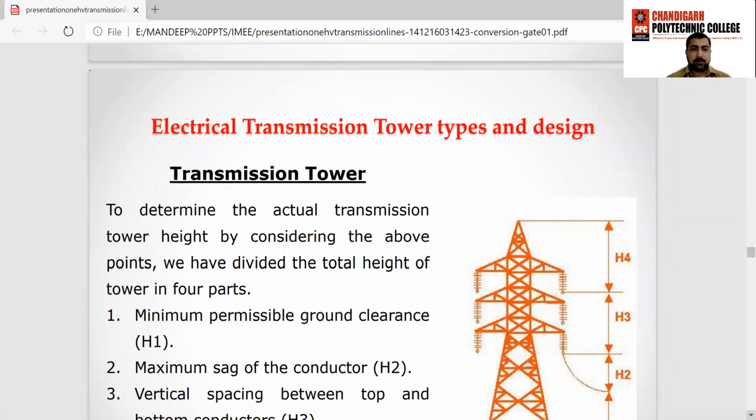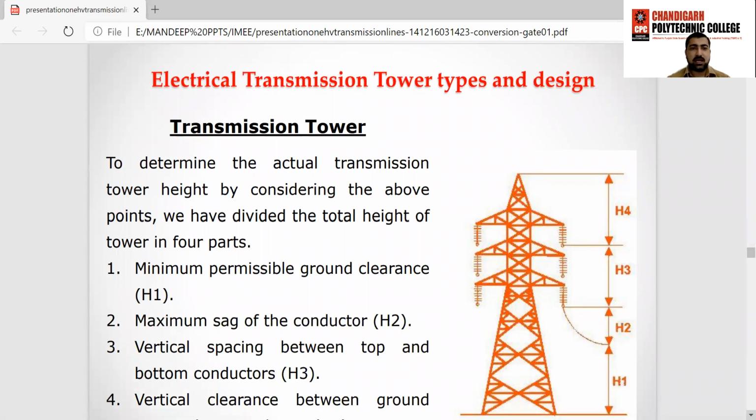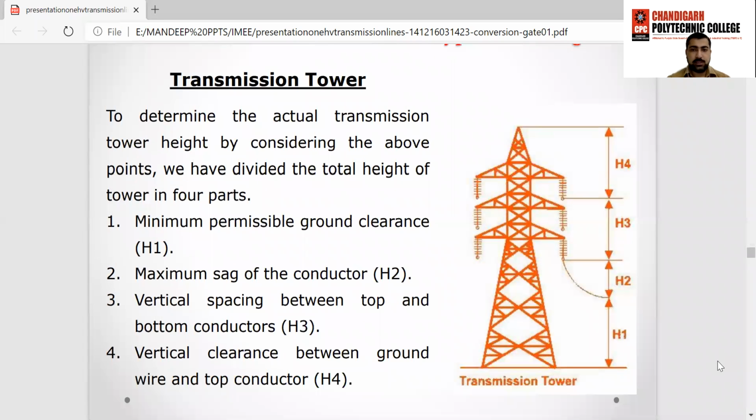To determine the actual transmission tower height, by considering the above points, we divide the total height of the tower into four main parts. Minimum permissible ground clearance, that is H1, means the height from ground level to the tower body.